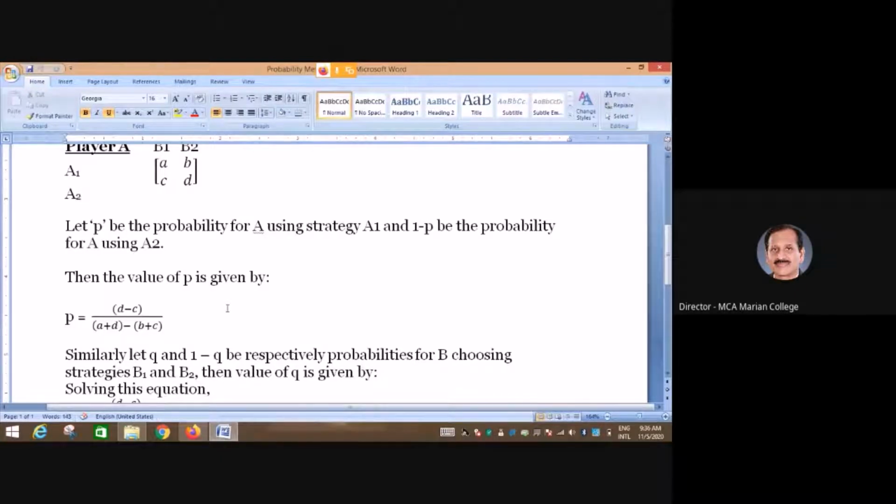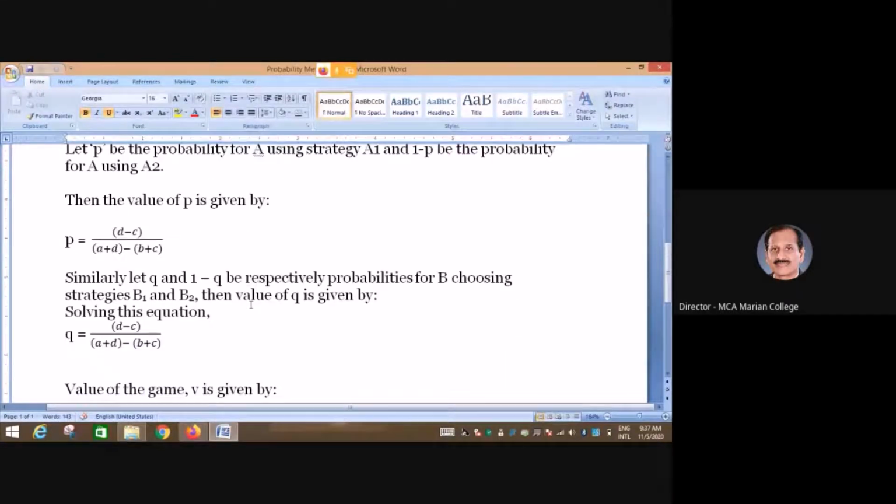And the same way, suppose B chooses B1 with a probability Q, then B will choose B2 with a probability 1 minus Q. So Q and 1 minus Q are the probabilities of B choosing strategies B1 and B2. For the value of Q, the same way we have a formula.